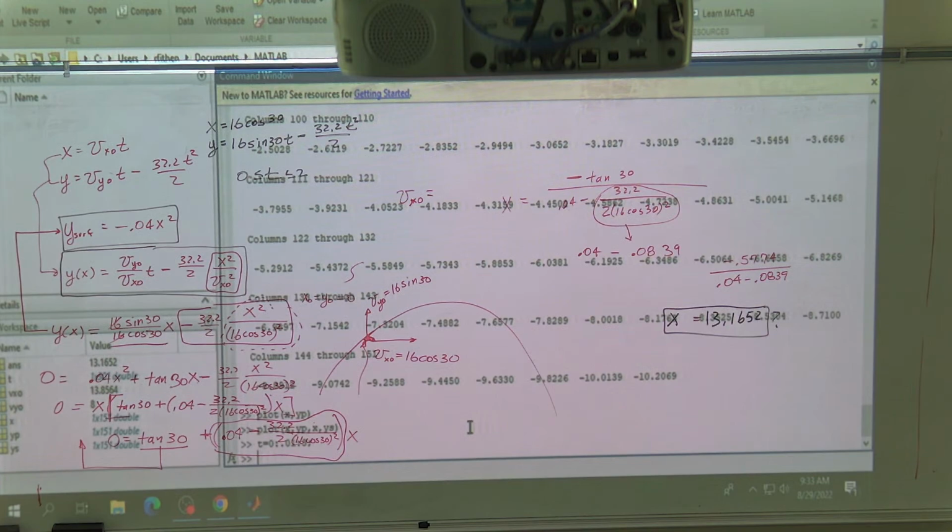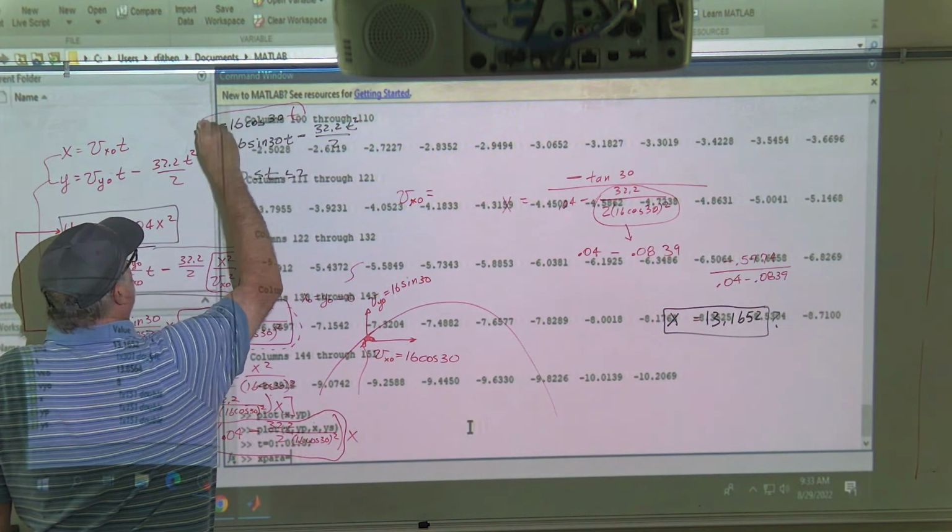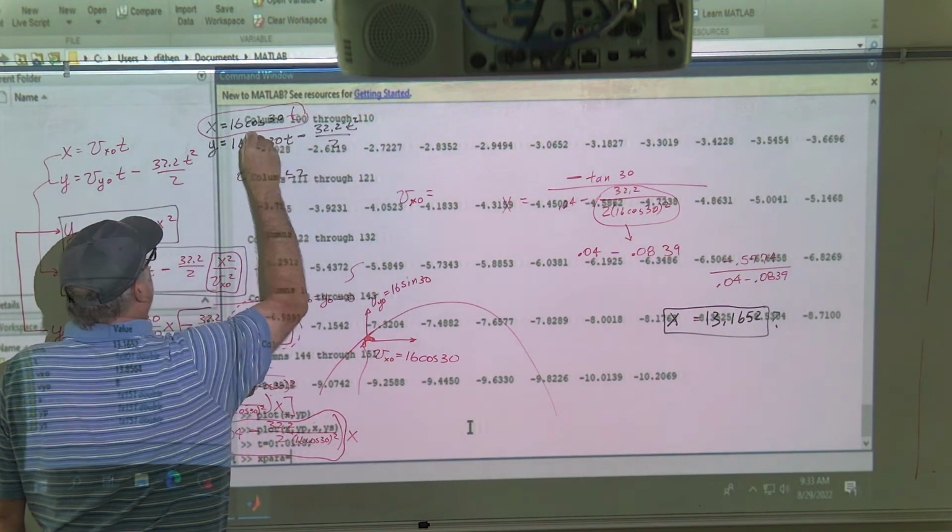say x parametric, P-A-R-A, is going to be equal to, what was it, 16? You know what, I forgot to write the t right here. So I'm about to type this one in, and then this one.